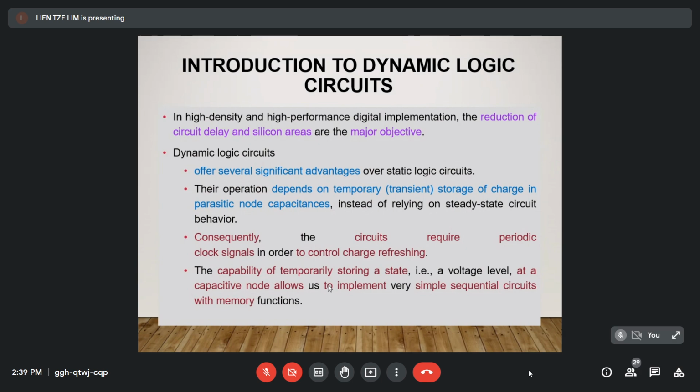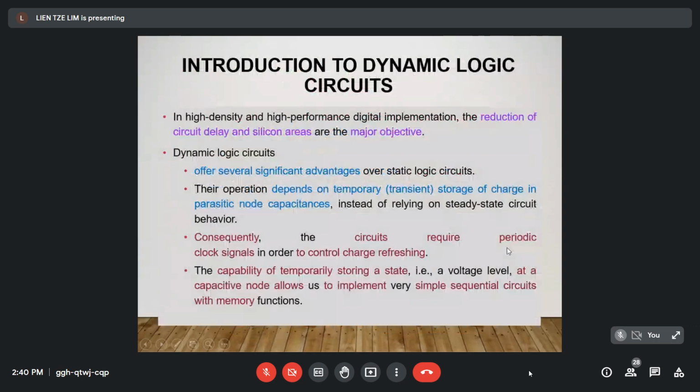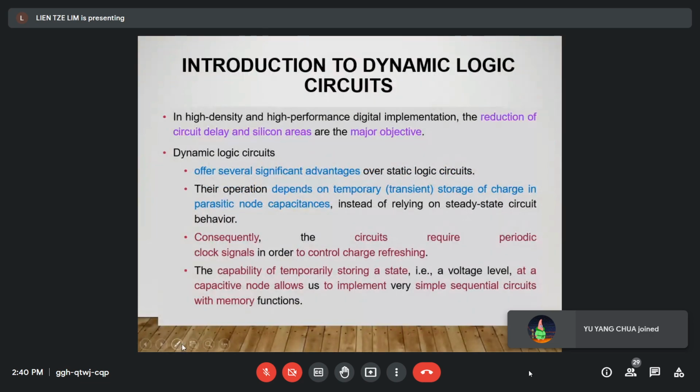If you compare them and see the statements here, you can know that the dynamic logic circuit has a memory function, and this circuit can also store charge.